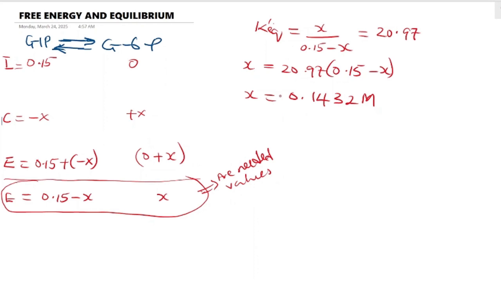And that is the equilibrium concentration for glucose 6-phosphate. So we have gotten this for glucose 6-phosphate concentration.